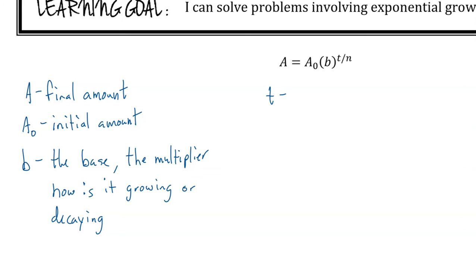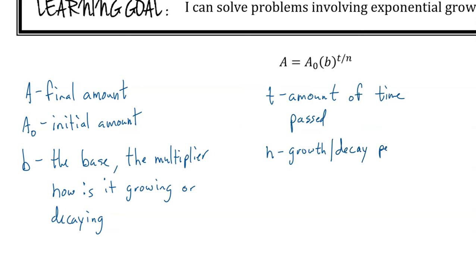t is fairly obvious. It's the amount of time that's passed. n is a bit of a tricky one. It is the growth or decay period. And that word period kind of means what it meant in trig functions, but not exactly.